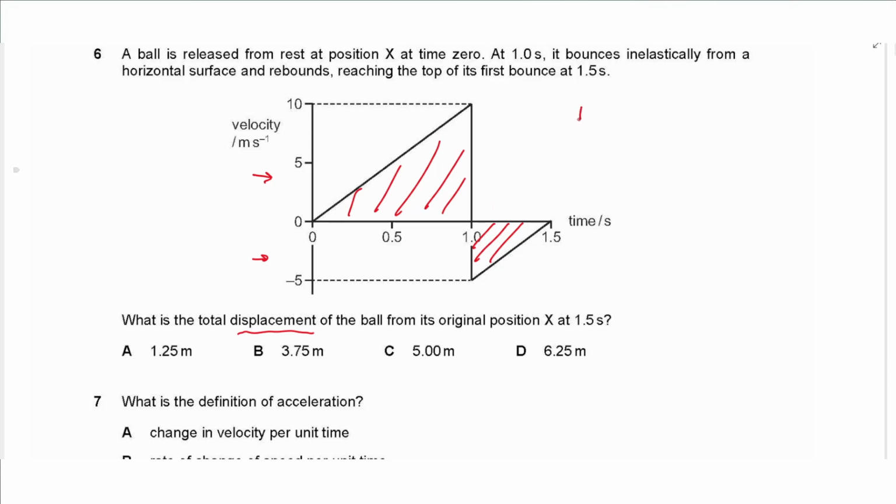So we have the first area is half times the base 1 times the height 10 for a triangle. And we subtract half times the base 0.5 from 1 to 1.5 times the height 5. That gives an answer of 3.75 meters, so it is B.